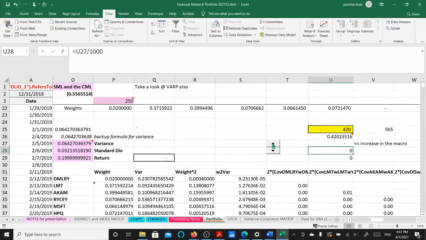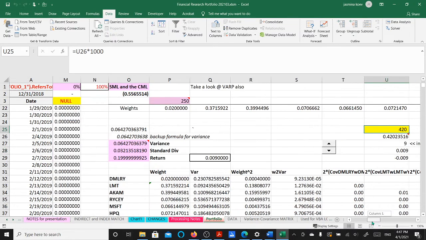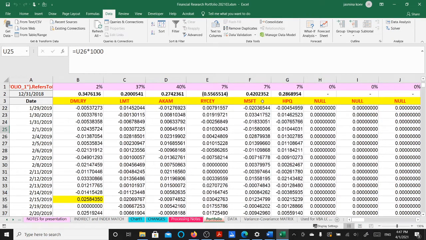And each time the Solver runs, it increases the returns incrementally. You see up here? Each time it runs. And I'm going to run it 420 times. This is because I know my highest return, if I invest 100% of my funds, will be 42%.